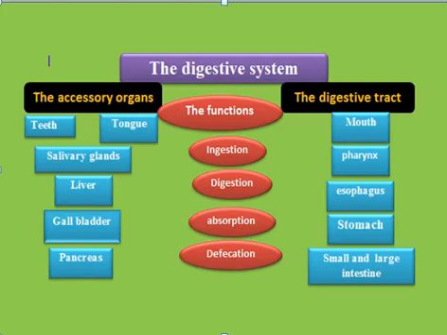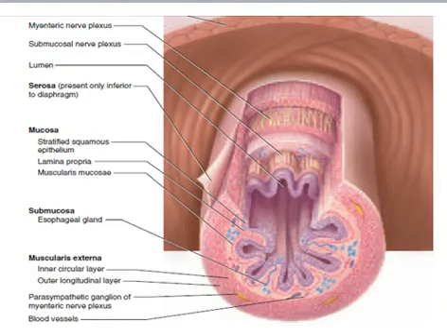The histological layers of the digestive system: most of it is composed of tissue layers. From the inner to the outer surface, we start with the mucosa, and this layer lines the lumen and consists of inner epithelium, loose connective tissue, called the lamina propria, and a thin layer of smooth muscle.